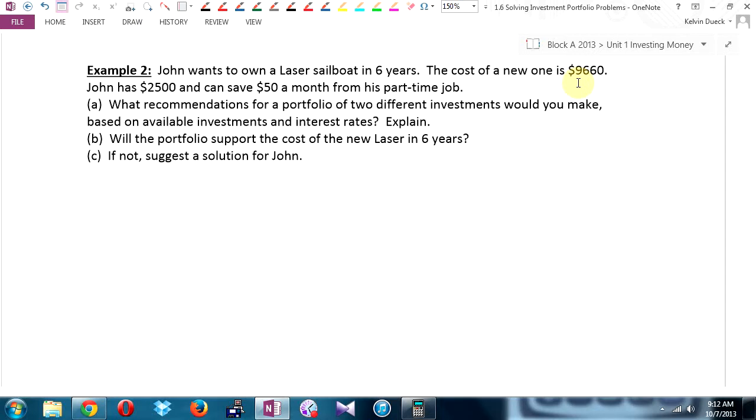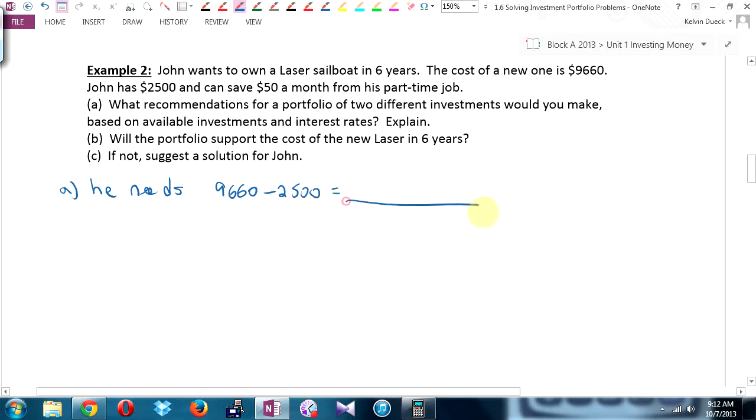So how much is he going to need to save up? Subtract the two. He needs 9,660, take away 2,500. How much does he need to save? $7,160.